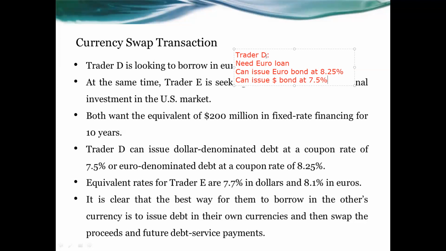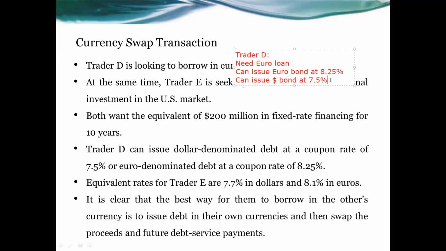So trader D will take the more profitable decision if he issues a dollar denominated bond, because the interest rate on euro denominated bonds is higher than on dollar denominated bonds. So it is better for trader D to issue a dollar denominated bond.